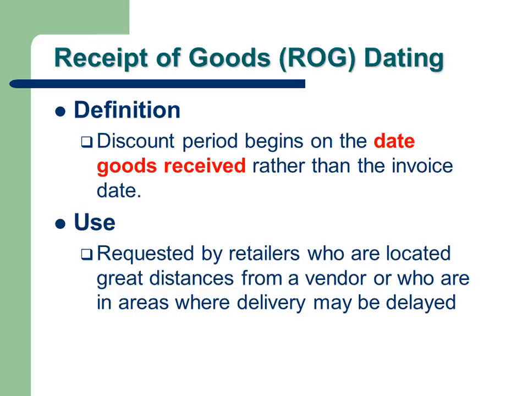So when there is a possibility that it's going to take a while for the merchandise to be shipped and delivered from the point of the shipment date, which is usually the invoice date, you request the vendor to use the ROG, the receipt of goods date, instead of the invoice date as the start point of the cash discount calculation.